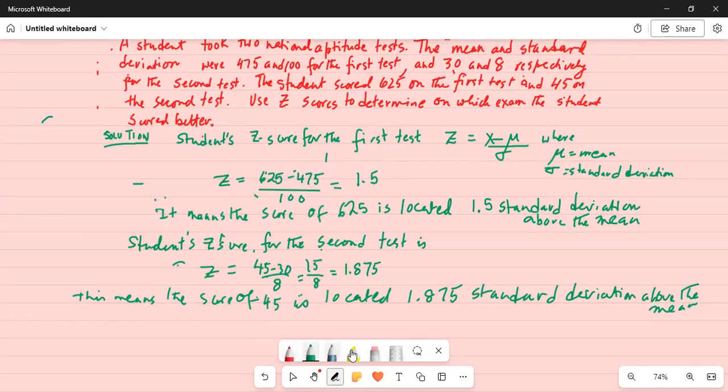So let me highlight that. This one is 1.875, the other one is 1.5. So let me create some space.